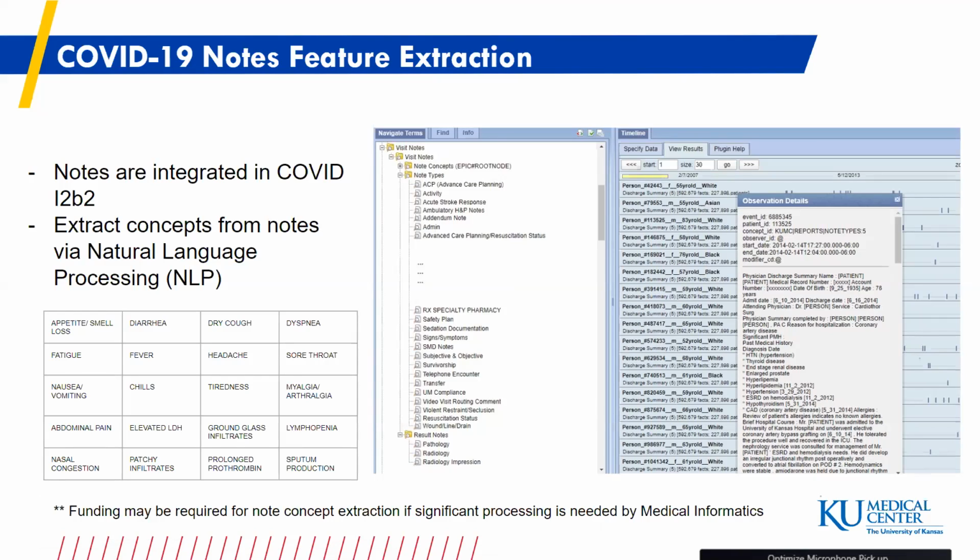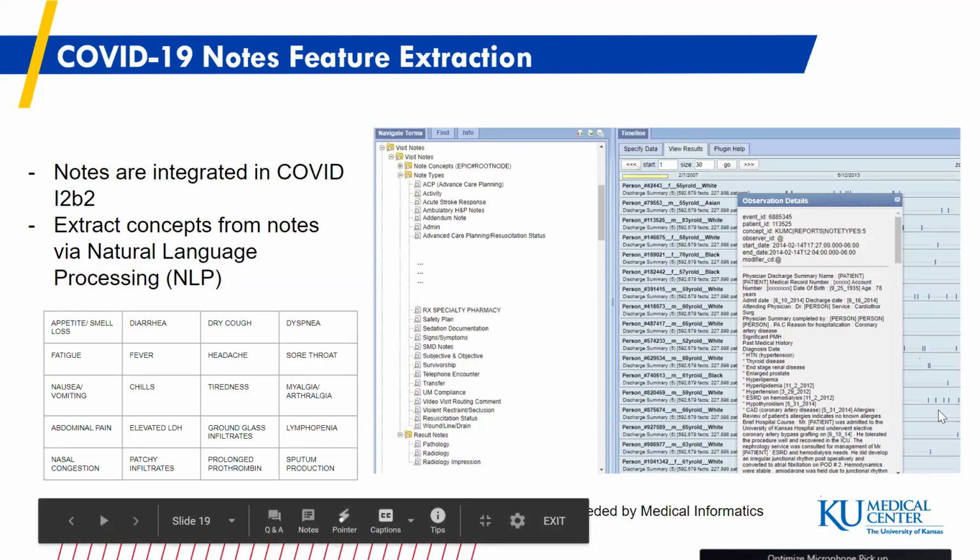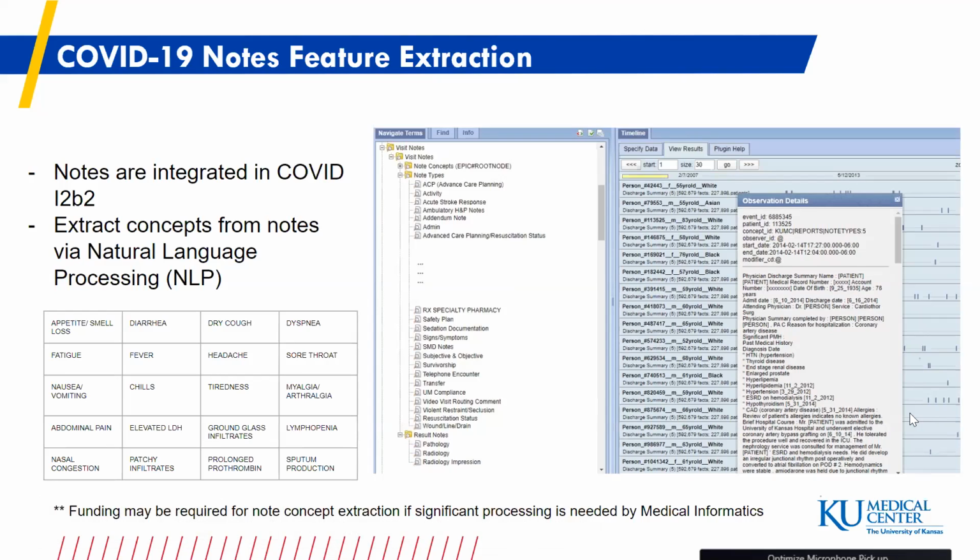Here in the figure, we are also showing the timeline. After a user searches for specific keywords, they can view the notes for a specific cohort. In addition to searching for specific keywords, they can also work with us to extract concepts using the natural language processing service that we are providing.